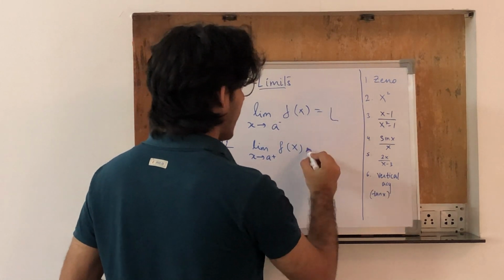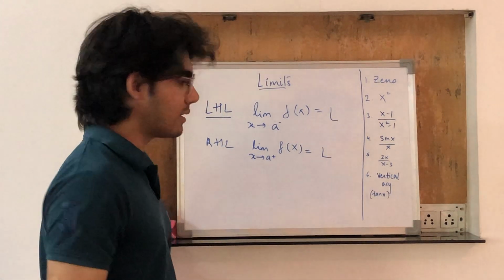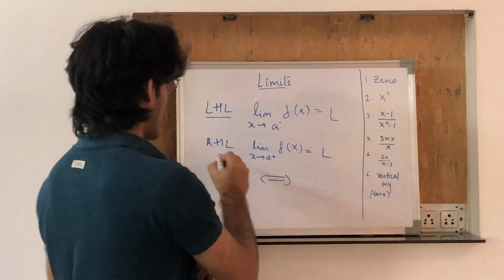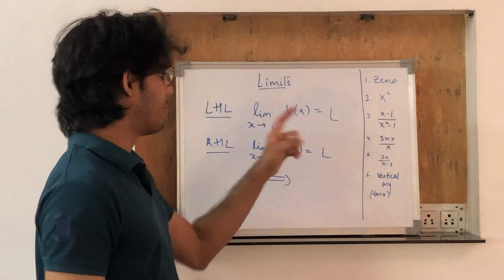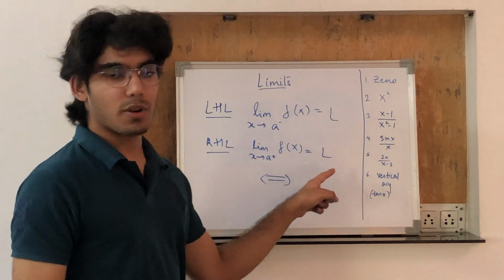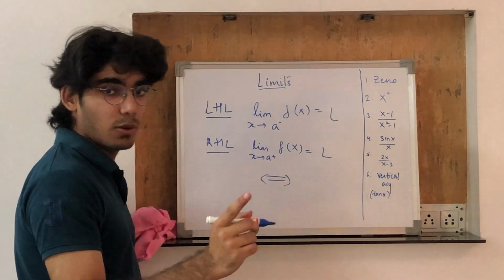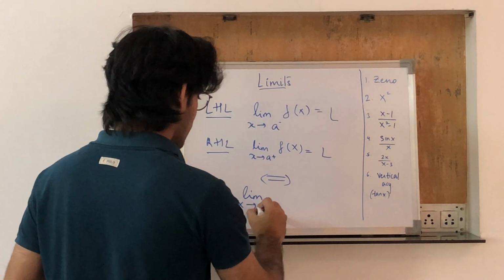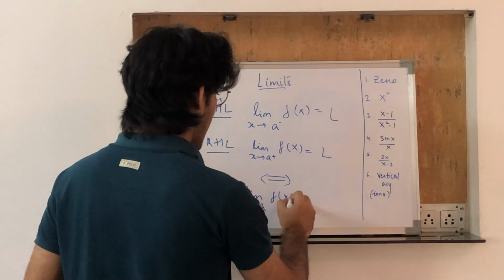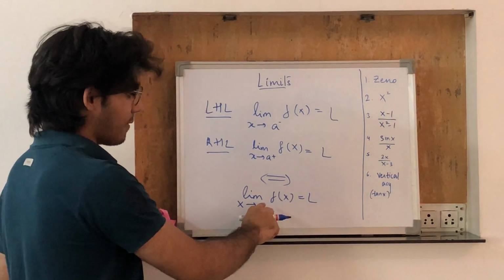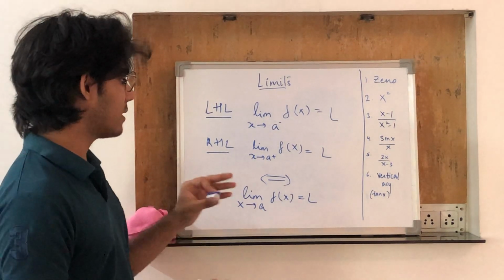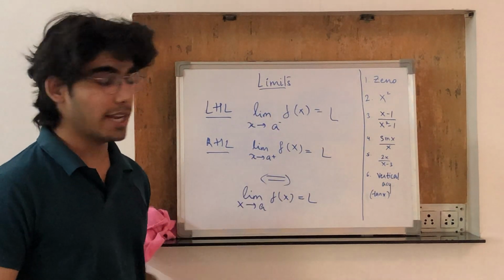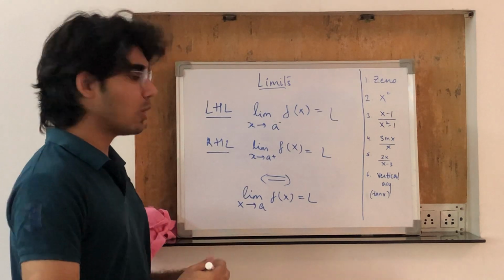And let's say these two values are L, another constant. So if we know that the left-hand limit and the right-hand limit are both approaching this quantity L, then we can conclude that this is also going to give us L. And if you see carefully, I have not put any sign here, which means that the limit when x approaches a particular number a is going to be L. And it can go the other way around too.